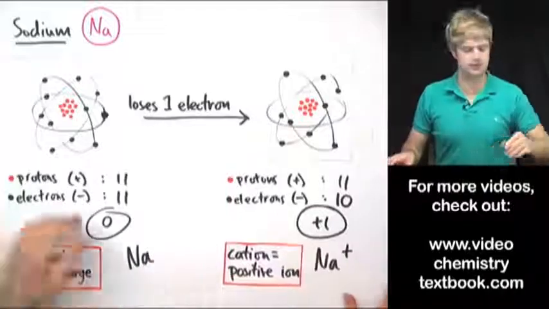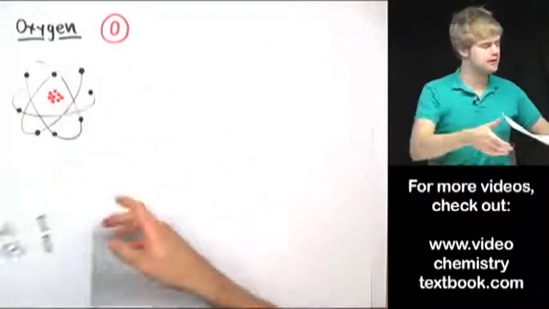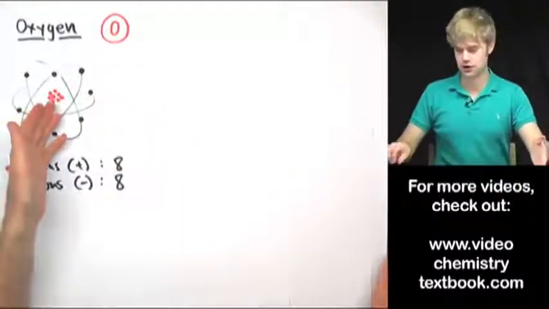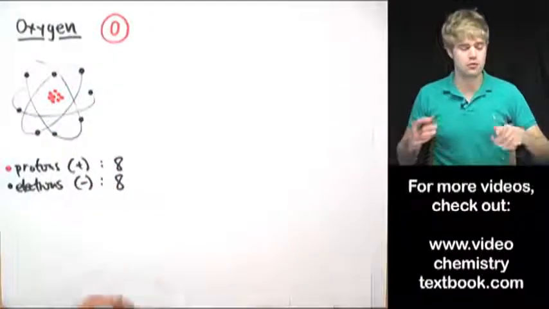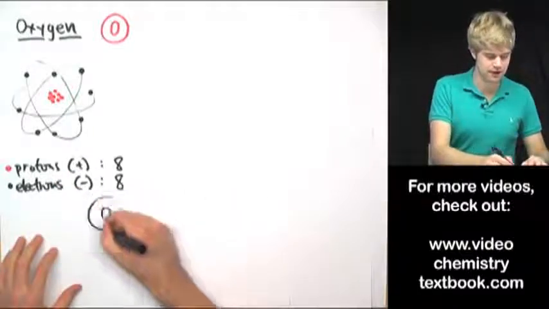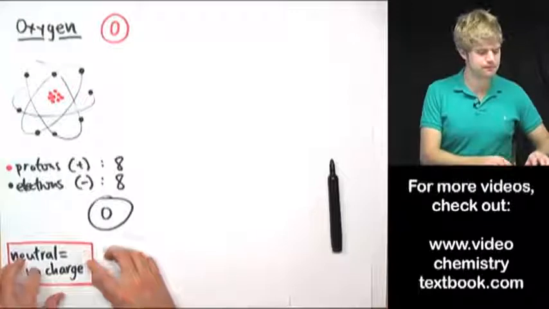Let me show you another example. Okay, so here's an atom of oxygen. The atom that I've drawn here has 8 protons here in the nucleus, and it has 8 electrons outside. So we have the same number of protons and electrons, which means that the total charges balance out. The plus and the minus balance out. So I have a net charge of 0, and I can say that my oxygen atom is neutral.